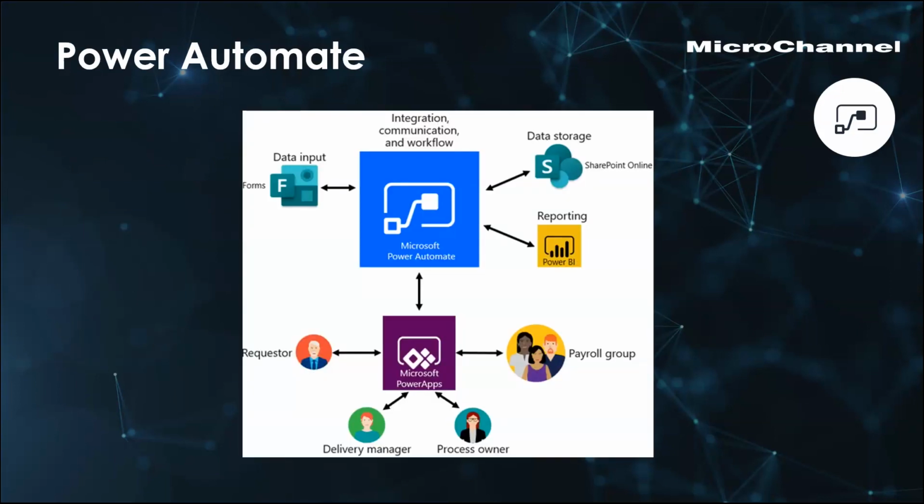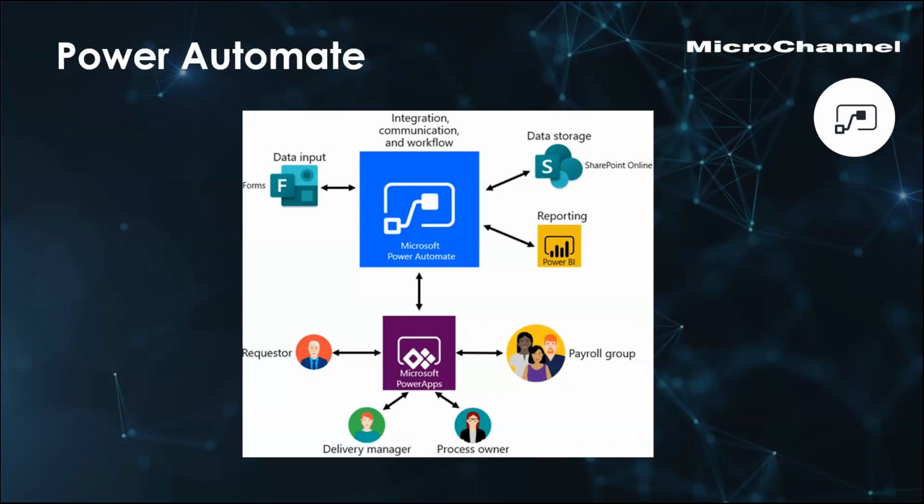So let's actually have a quick look at an example here. So you can see the blue box there of Microsoft Power Automate integrating, communicating, and workflow. We've got on the left-hand side of that the forms that might be a data input. So, for instance, we might have Microsoft Forms actually feeding into a Power Automate component. That might then go to some data storage, SharePoint Online.